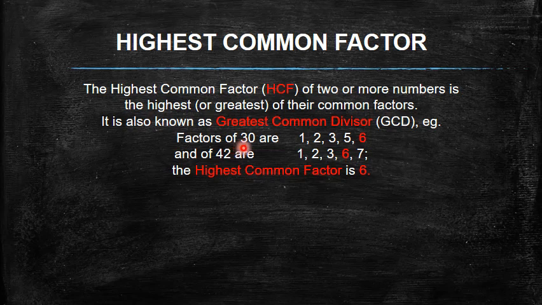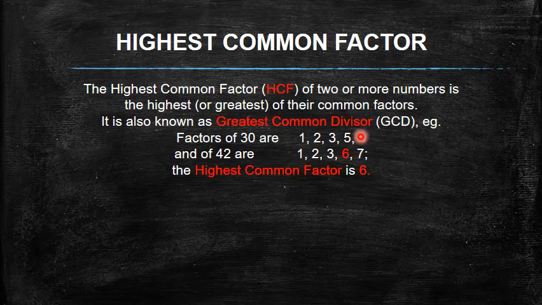We factor the numbers. 30 has 1, 2, 3, 5 and 6 as factors, and 42 has 1, 2, 3, 6 and 7 as factors. Numbers that are factors for both the numbers in question are 1, 2, 3 and 6. 5 is a factor of 30 and 7 is a factor of 42 only.